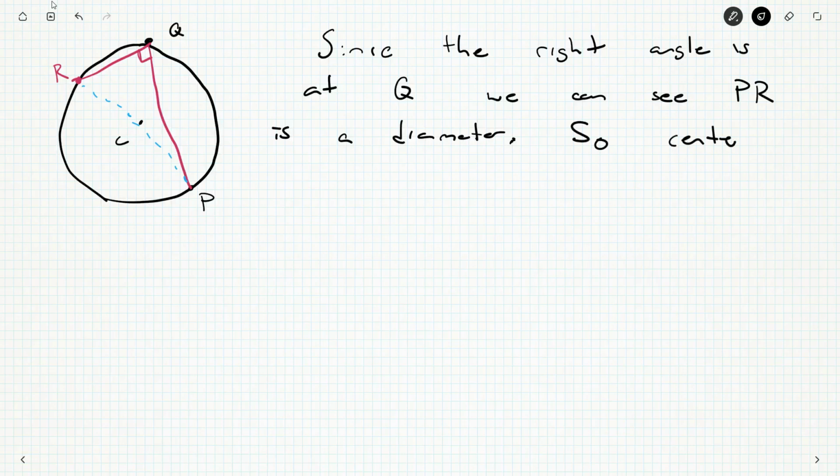So the center, C, lies on PR. So what could we do?